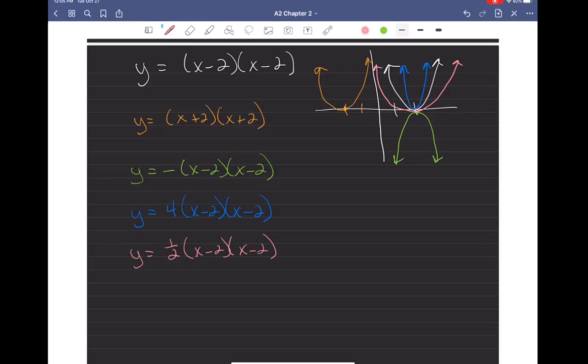So when it comes to parabolas in Algebra 2, we spend a lot of time on functions, and we spend a lot of time on shifting functions. The great part about this is we learn how it works when it comes to parabolas and these quadratics, but that same format follows for any kind of function that you're looking at. If you think of a line, if your line is positive, it looks like this.